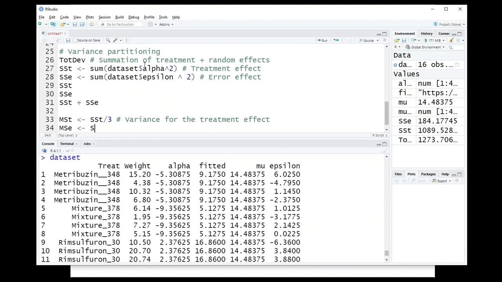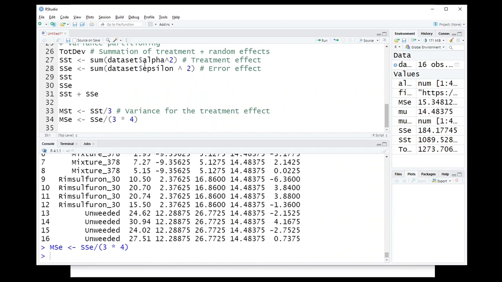So if we want to calculate the mean square for the error term, we have to divide the sum of squares for the error term by 12, that is the product of 3 degrees of freedom per treatment by 4 treatments.